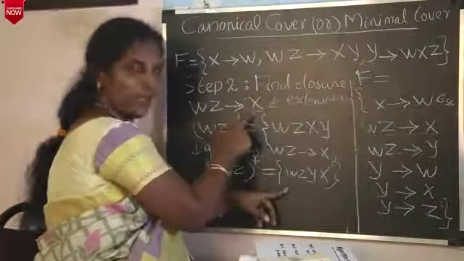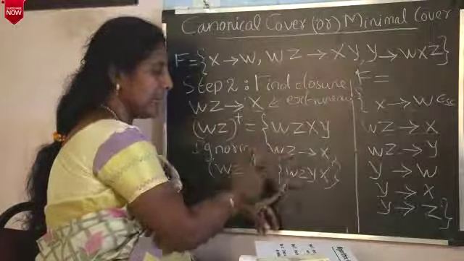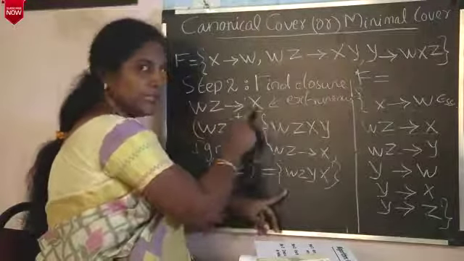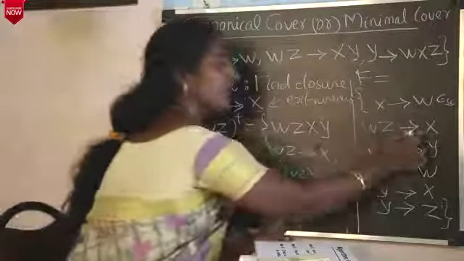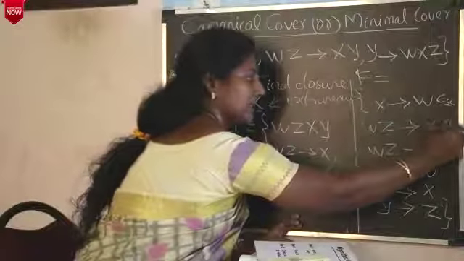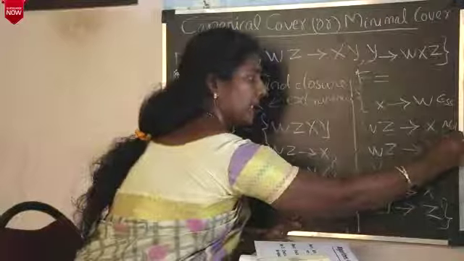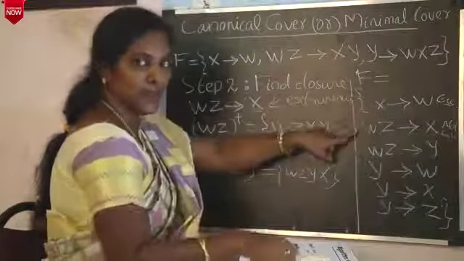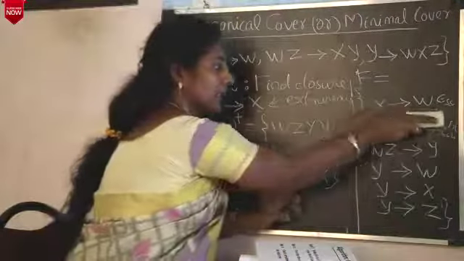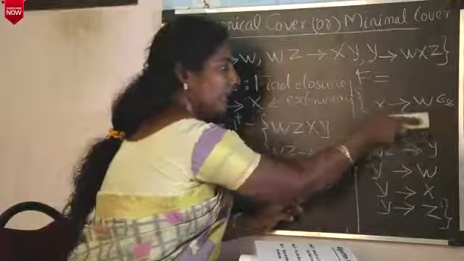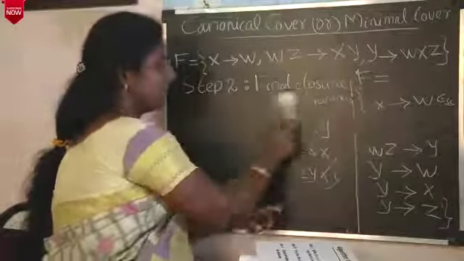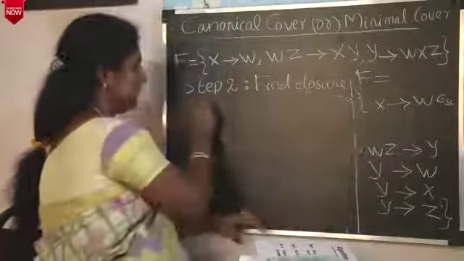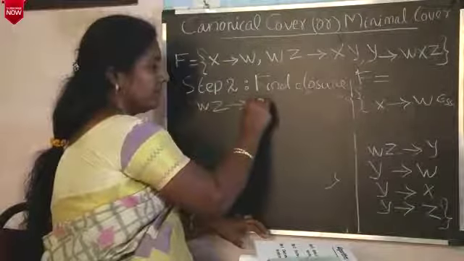After the removal of this one, we are able to get the same closure set, which means this is called an extraneous attribute. So this is not an essential functional dependency. It can be removed from the set of functional dependencies. So this can be removed now. Now we take the third functional dependency, WZ determines Y.